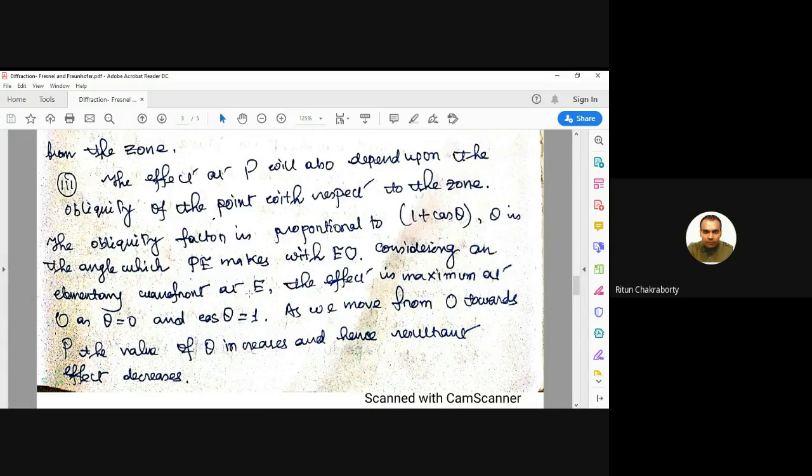Considering an elementary wavefront at E, the effect is maximum at theta equal to 0, meaning cos theta is equal to 1. As we move from O towards P, the value of theta increases and hence the resultant effect decreases.